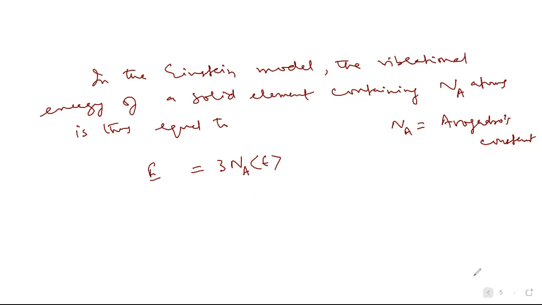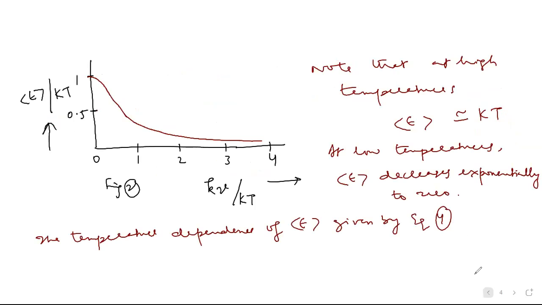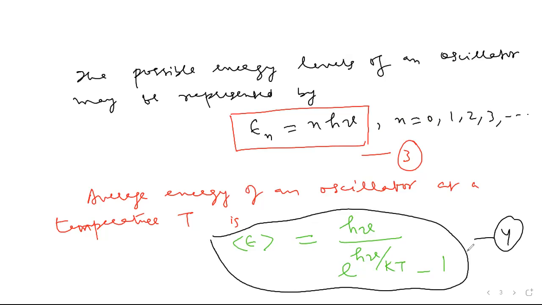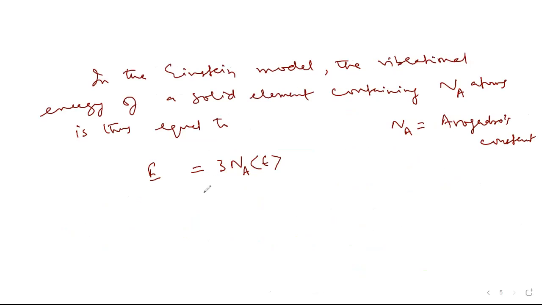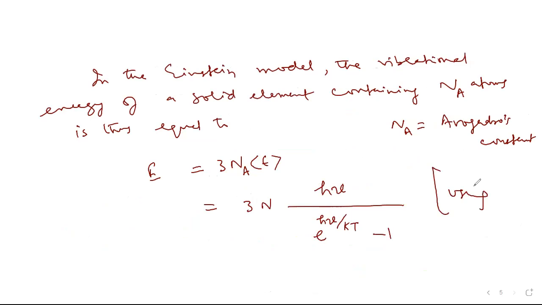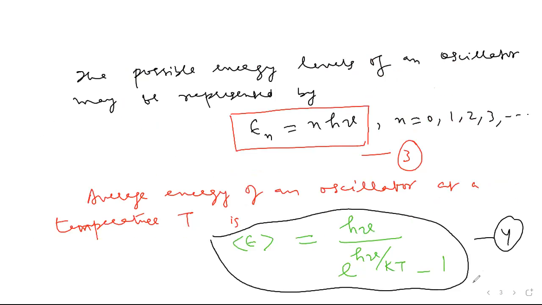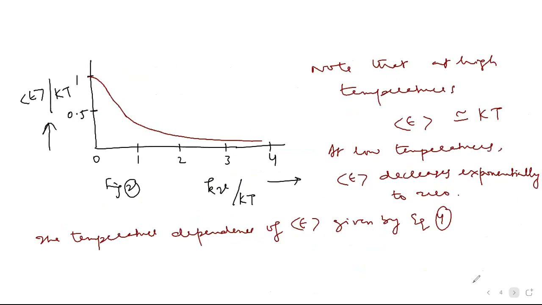So using equation 4 for the average energy, what we get is 3N_A times h nu over e raised to the power h nu over kT minus 1. We have used equation 4 for the average energy, right?